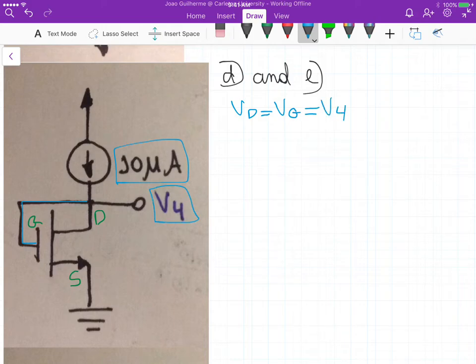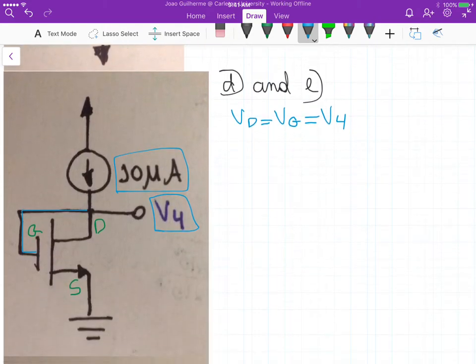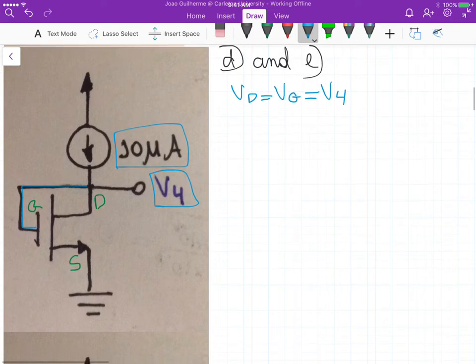So that's what we want to determine. And again, we can assume saturation condition. At the end of this part, I will verify the saturation conditions. I didn't do it for the first one, but you can verify. I'm just following the same steps, so I remember to do it in this one.